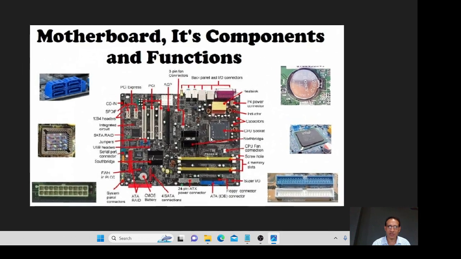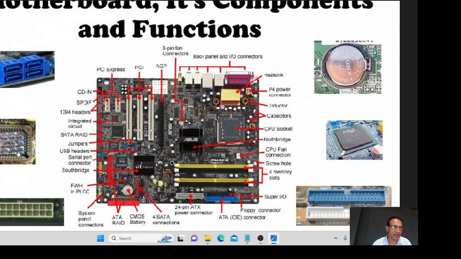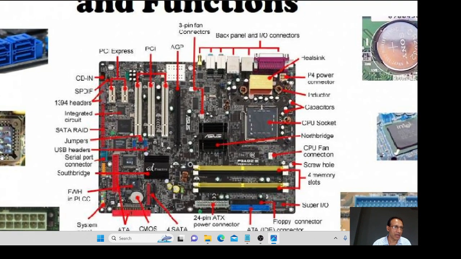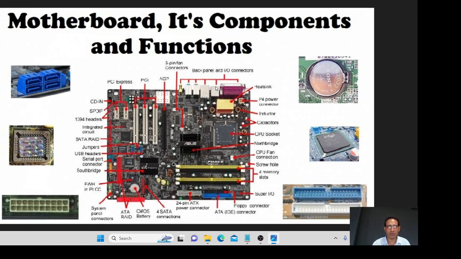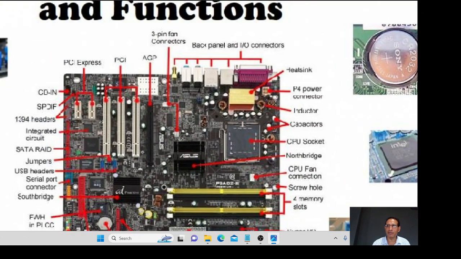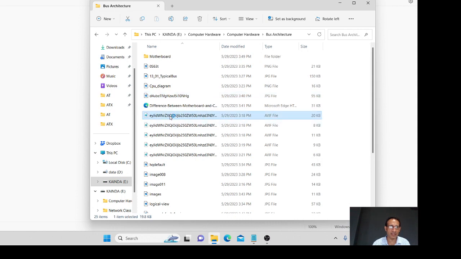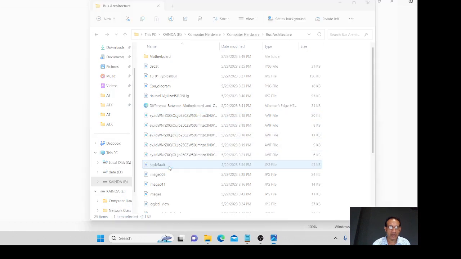If I look at this one, you can see here a BIOS chipset, and here is a SATA port, here the ATX power connector, and here the IDE connectors. The Intel chipset is here. It's a CMOS battery. You can identify these components on any motherboard, because from the factory it's the same format.